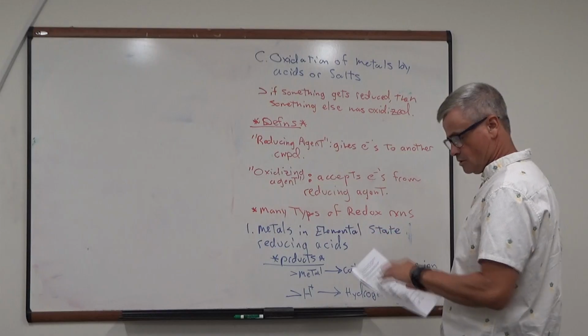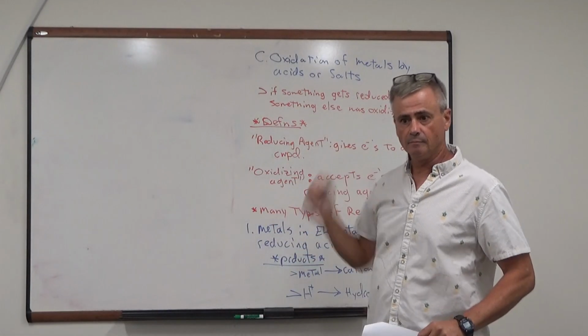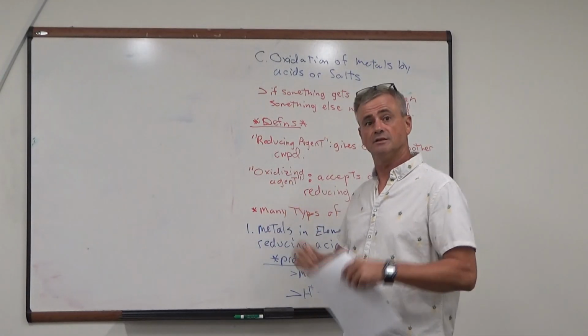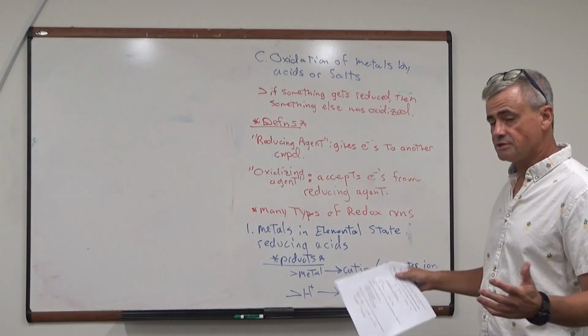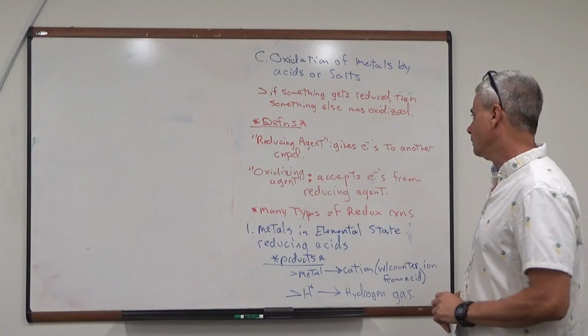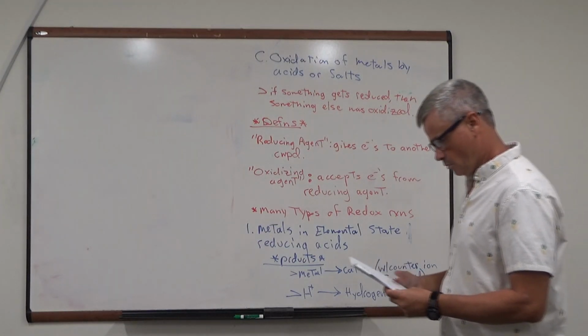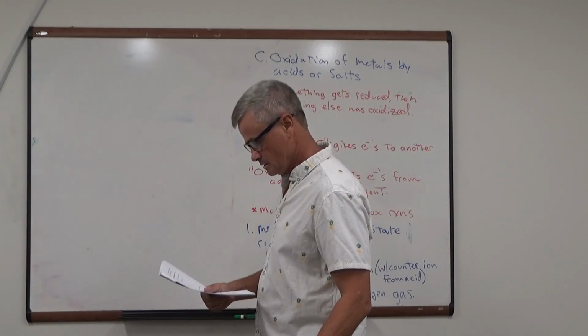Right, and I've got a note here. I won't put it on the board, but we already know that in general metals tend to give up electrons so that they can achieve the electron configuration of the nearest noble gas, and an oxidation reaction is one way, or one context, in which they do that.